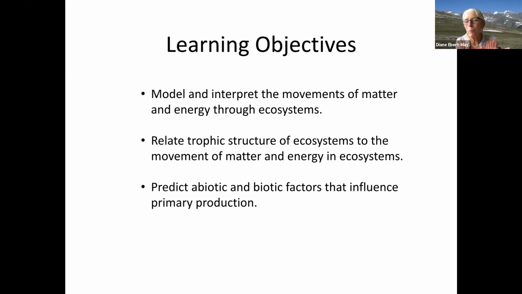And I've seen so many exams where they say, the 10% rule from producers to consumers, blah, blah, blah. But now we're doing a little bit more than that. And then predict. So we're modeling, we're relating or explaining, we're predicting the biotic and abiotic factors that influence primary productivity. So in our ecology unit, even in introductory biology, these are typical objectives for which many assessments can fit.